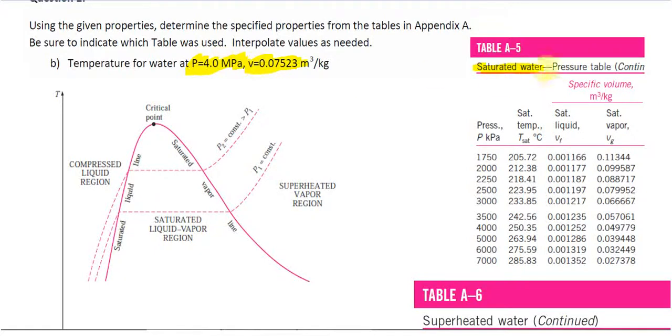This time pressure is given, and I use the pressure table. So pressure is 4 megapascal or 4,000 kilopascal. So be careful about the units here.